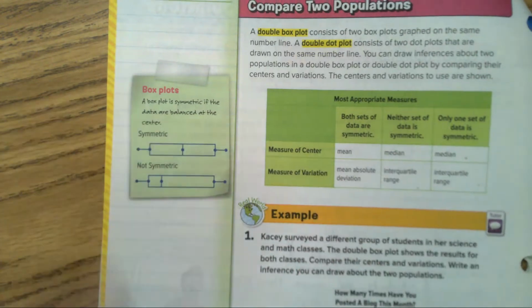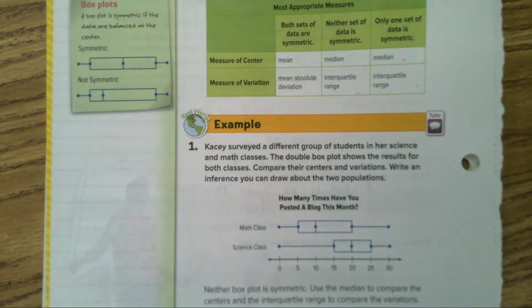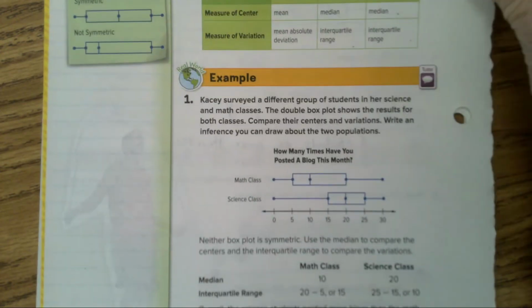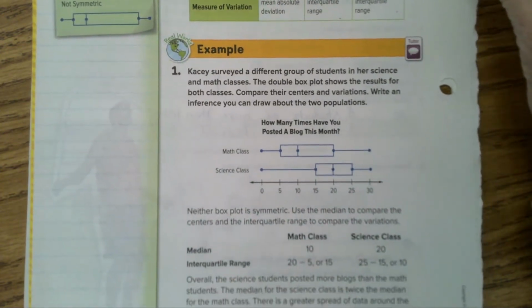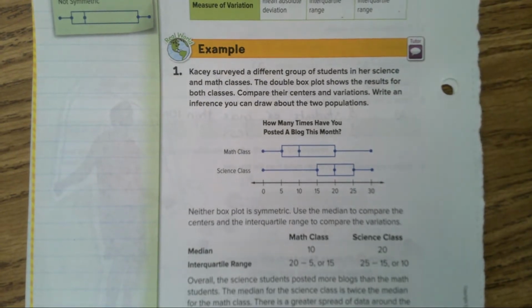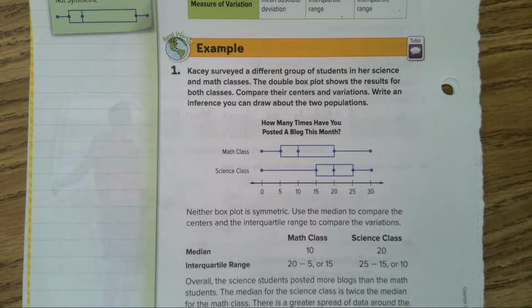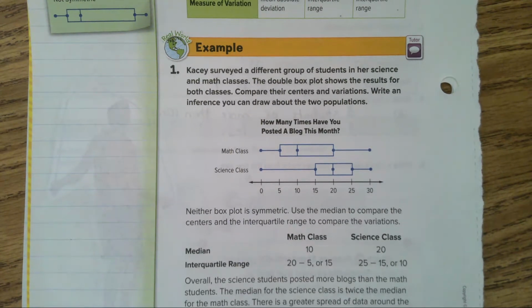Okay? Now, in number 1, Casey surveyed a different group of students in her science and math classes. The double box plot shows the results of both classes. Compare their centers and variations. Write an inference, that means a statement, you can draw about the two populations. Here we have, how many times have you posted a blog this month?